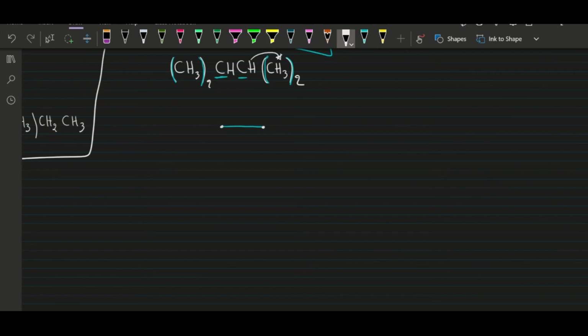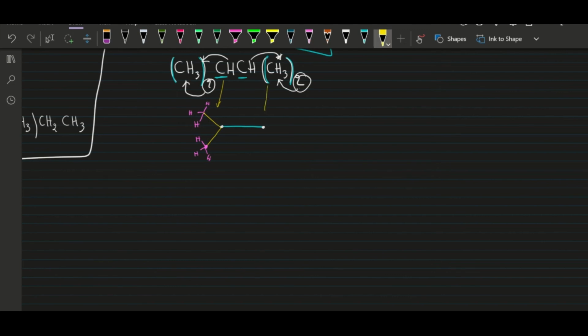And you know that each carbon is going to have 2 CH3s. Okay? So this carbon will have 2 CH3, so that's just going to be like this. Remember that CH3 will be at the end and it will be connected to 3 hydrogens, right?